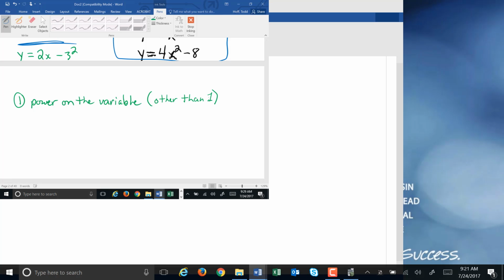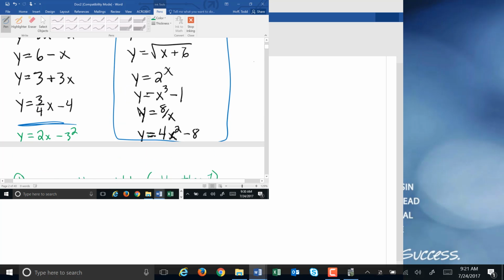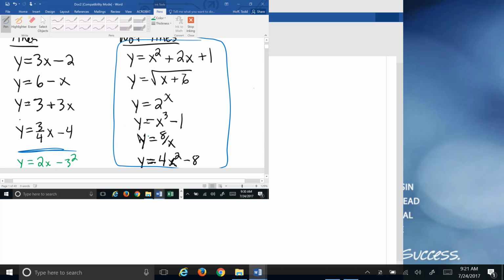It can't be squared. So that includes x squared, x to the third. That also includes the square root of x, because remember, we said roots and powers are all part of exponents. So that includes this one, that one, and that one.